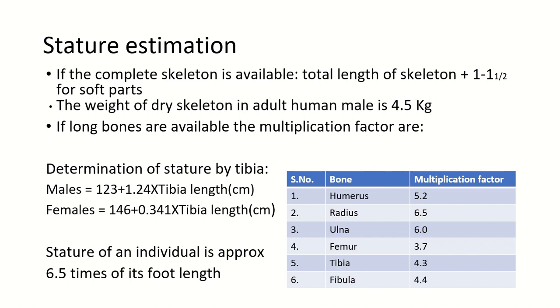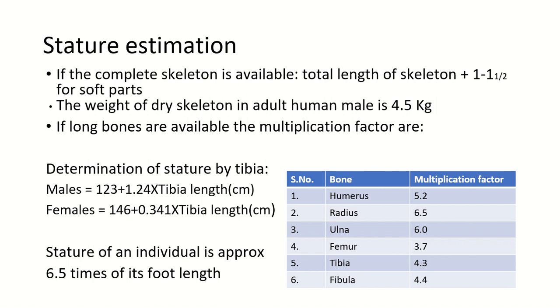For determination of stature by tibia, in males it is 123 plus 1.24 into tibia length in centimeters. In females it is 146 plus 0.341 into tibia length.